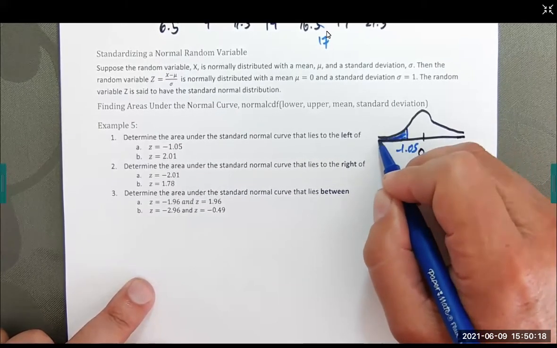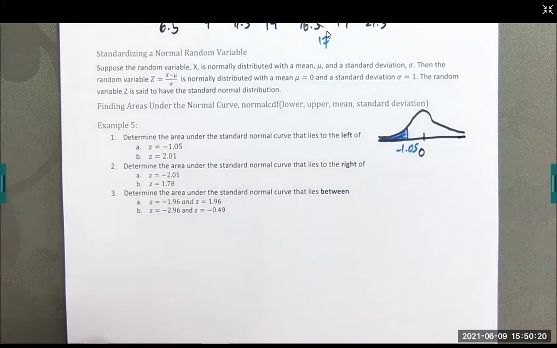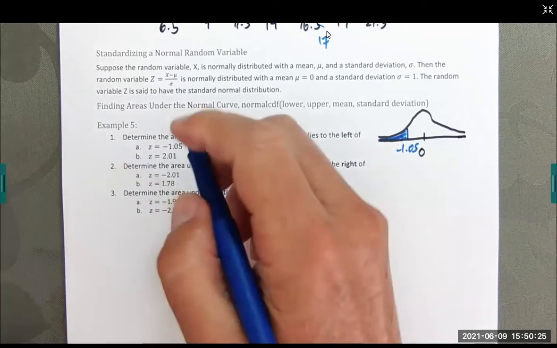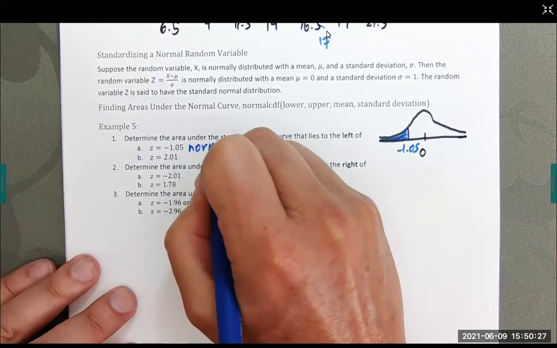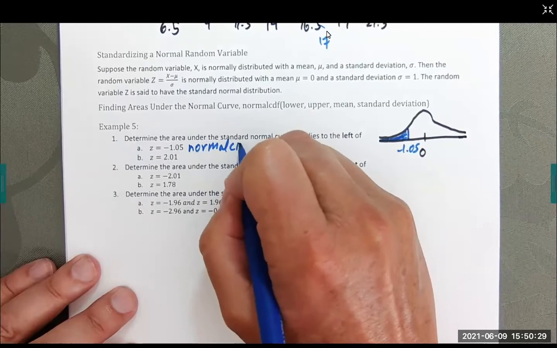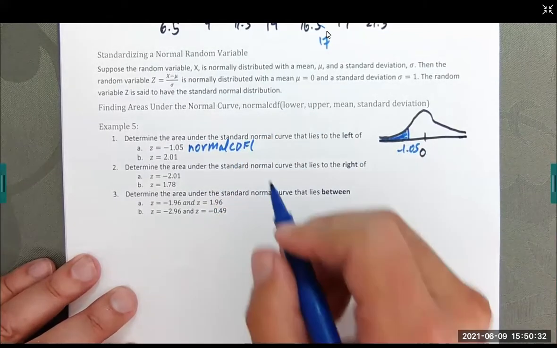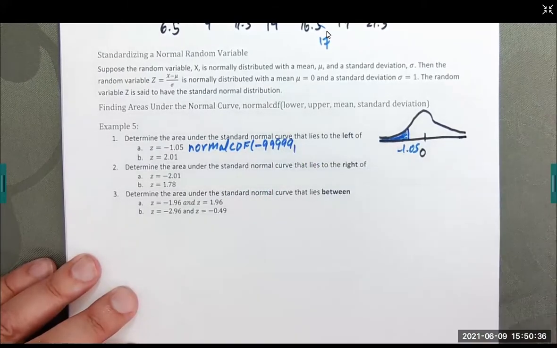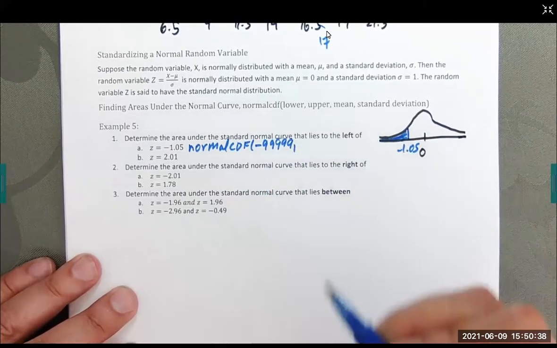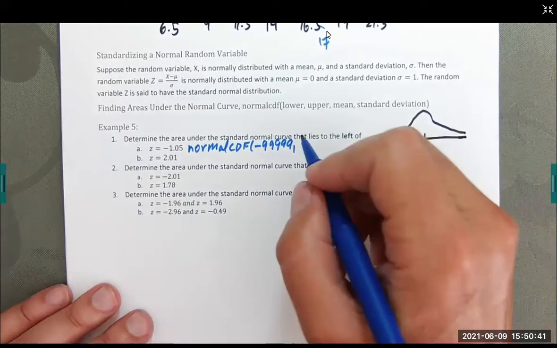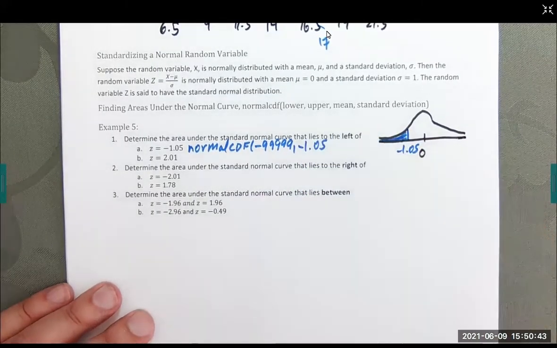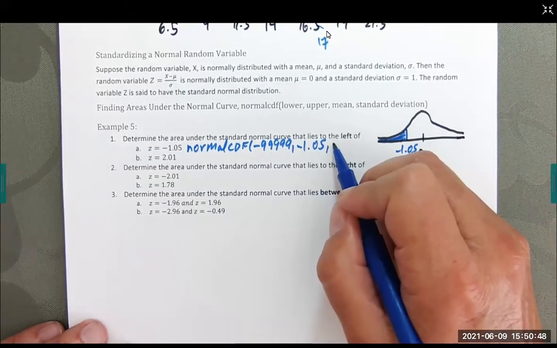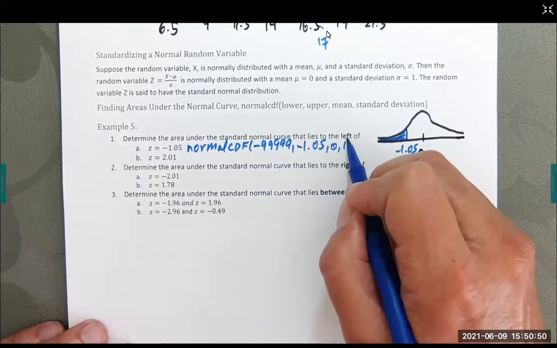So what we're going to use is normal CDF. In this case, I'm going to put a big negative number, because we're going from negative infinity up to, we can't actually put infinity into the calculator, up to negative 1.05. And then the mean is 0, standard deviation is 1.